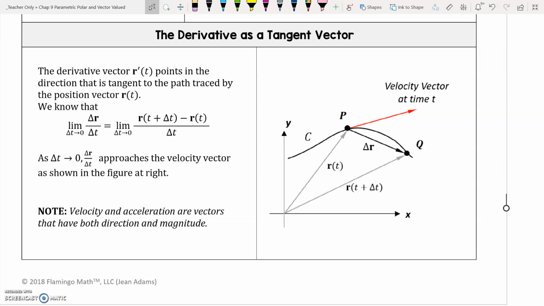We will see that delta r over delta t approaches the velocity vector, highlighted in red in the picture. Notice that at point P, that is the velocity vector, and it's tangent to the curve C. Please note that when we take the derivative twice or even once, both the velocity and acceleration are again vectors, which themselves have direction and magnitude.